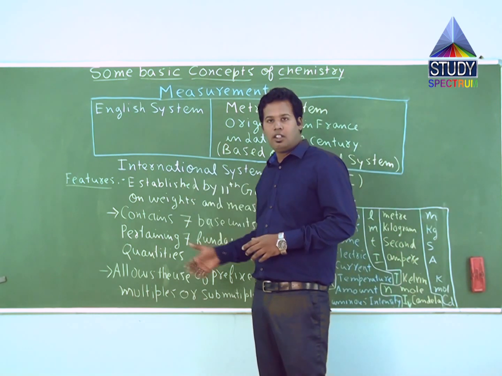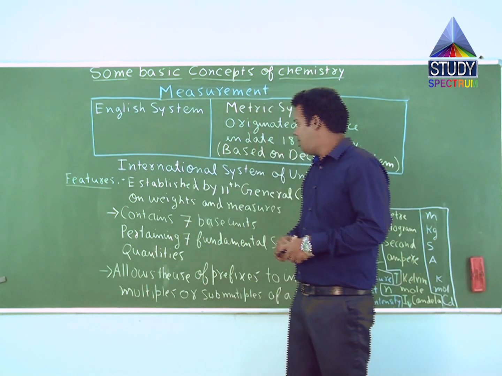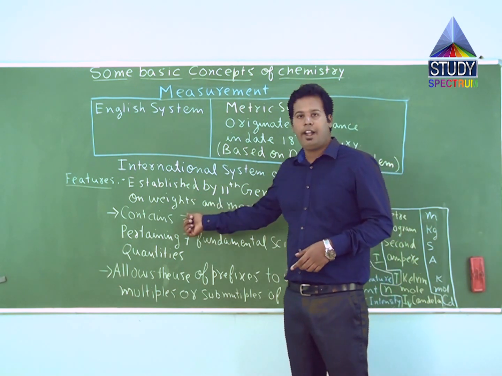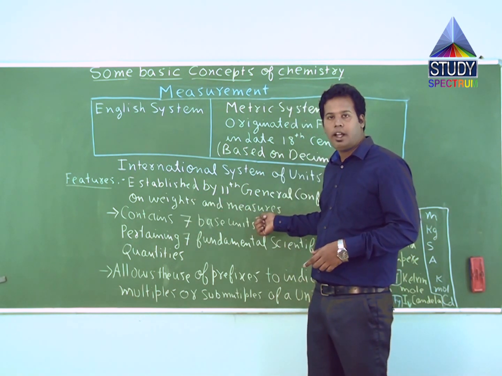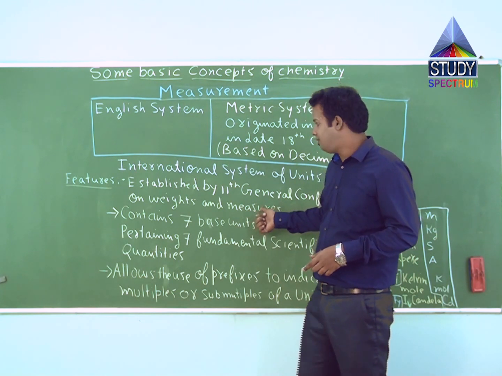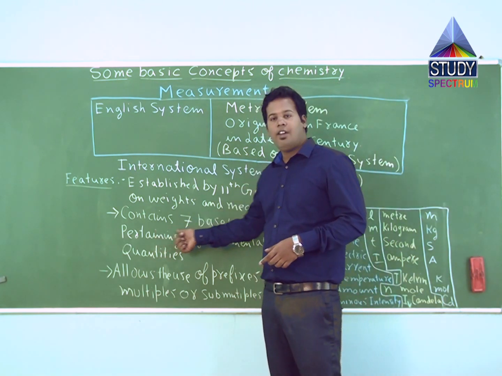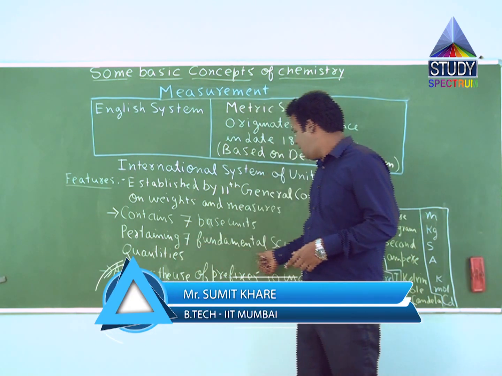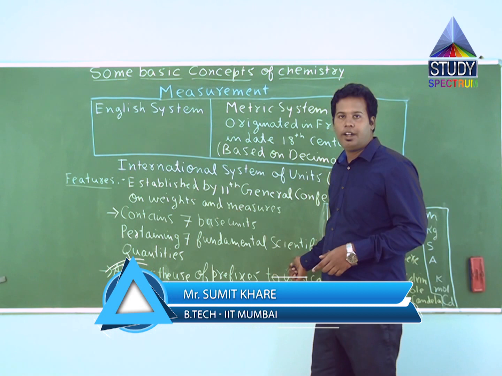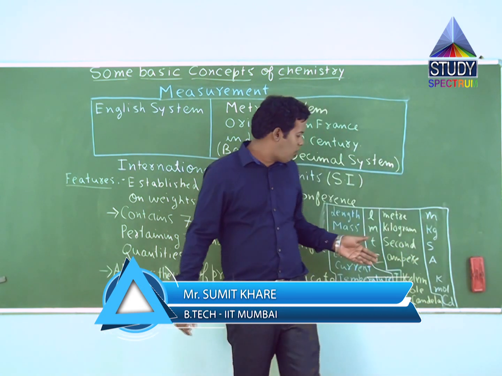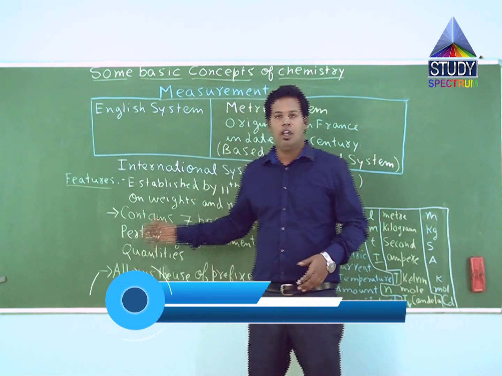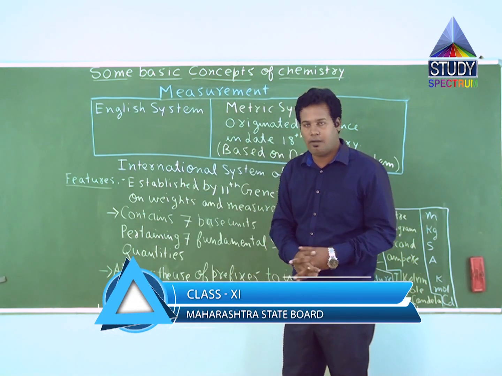Here are some features listed for this SI system. It was established by the 11th General Conference on Weights and Measures, correct, in the year 1960. It contains 7 base units pertaining to 7 fundamental scientific quantities. These scientific quantities I have listed over here in a tabular form, which I will explain once we finish the features of the SI system.